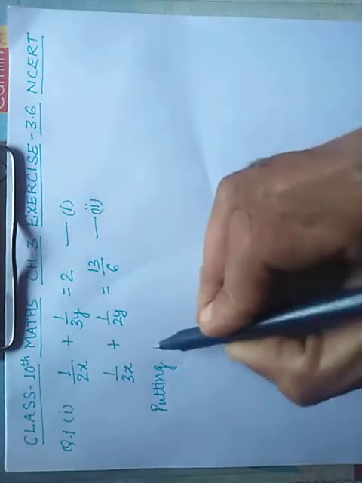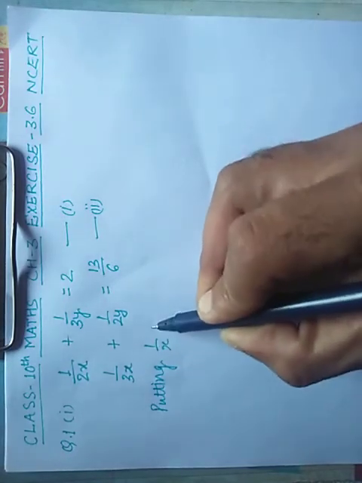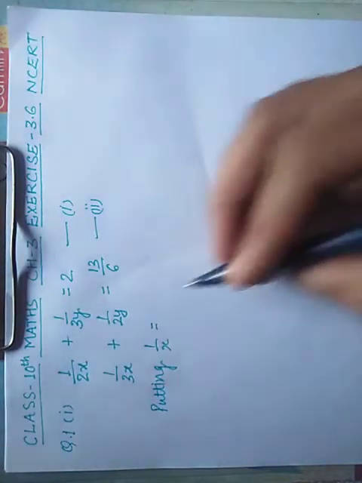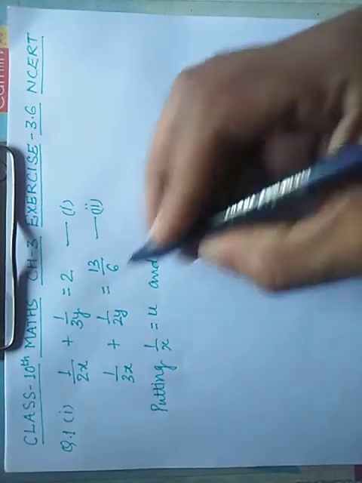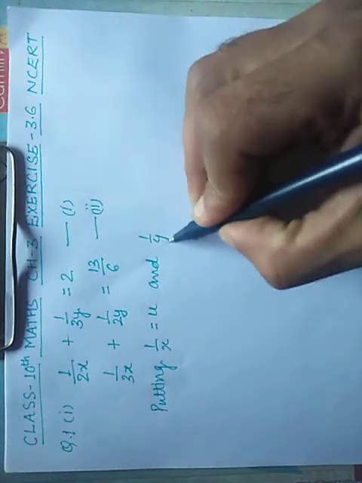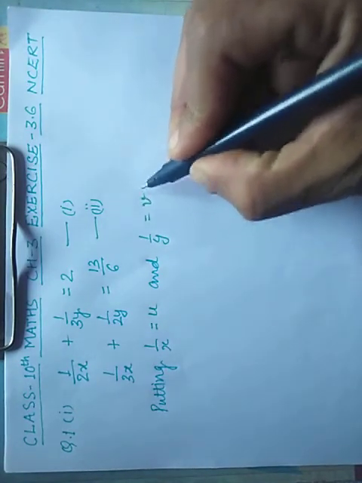put 1 upon x as another variable u, and 1 upon y is equal to v.